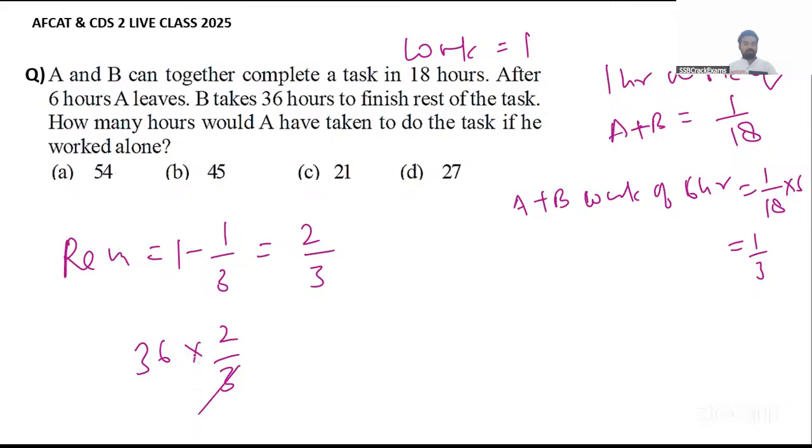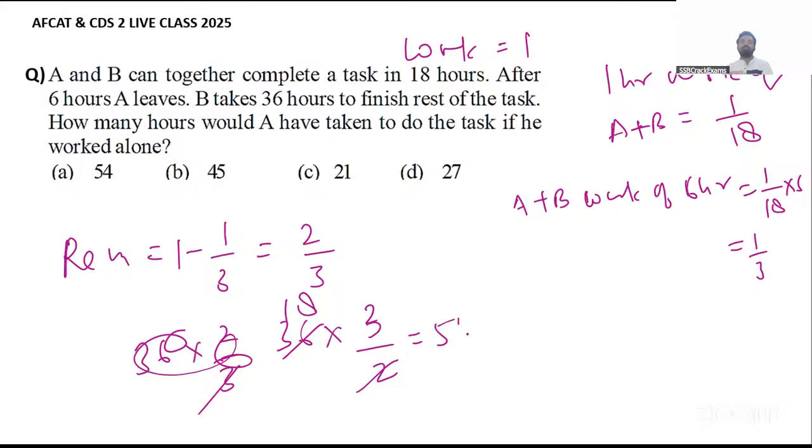Wait, it is 36 into 3 upon 2, because this is the remaining work. So remaining work is 2 upon 3 in 36 hours, and we are calculating for the whole of the work. So it is 18 into 3, which is 54. 54 hours he will take to complete the whole work.